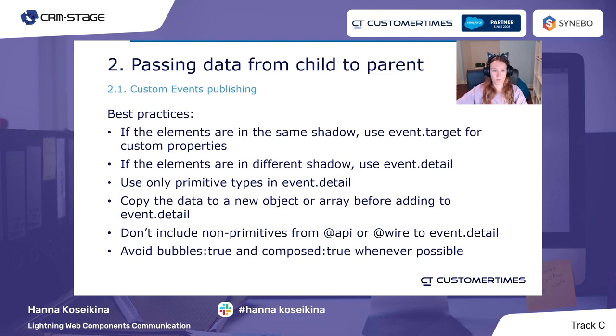Of course, Salesforce has some best practices about how custom event publishing should be implemented. First, if the elements are in the same shadow, then use event.target for custom properties. If the elements are in different shadows, then use event.detail, because in this case event.target will be different and it will not show us the correct values.